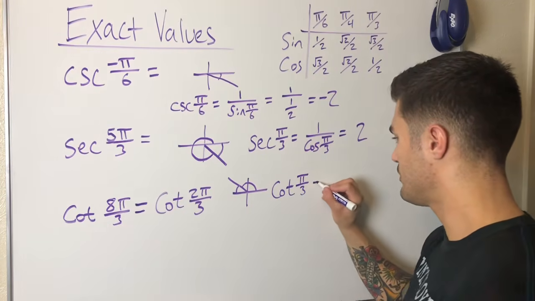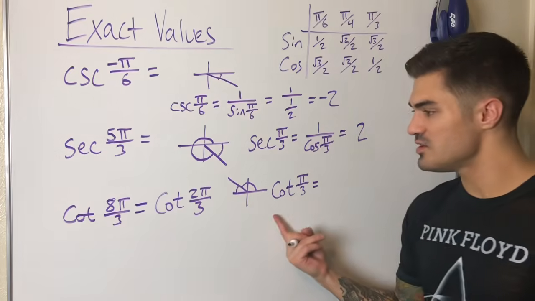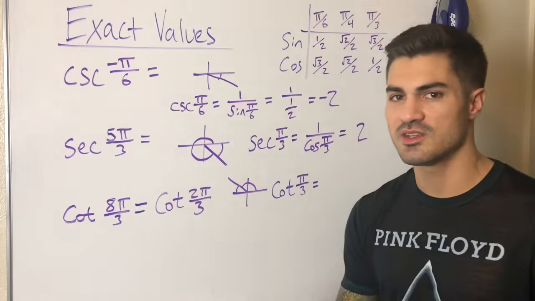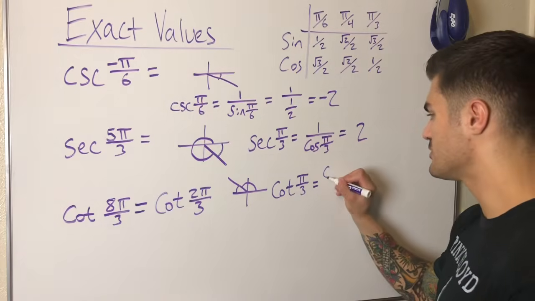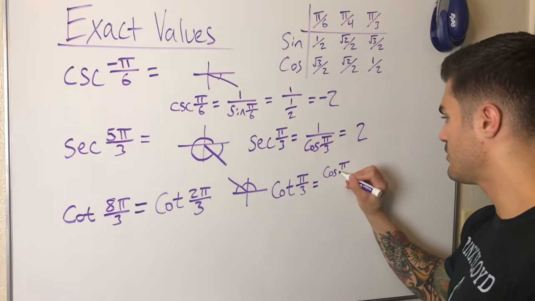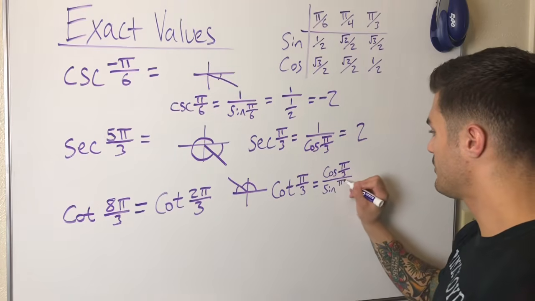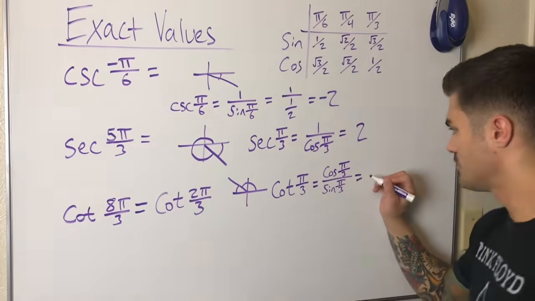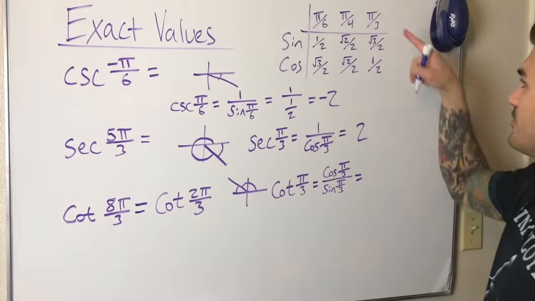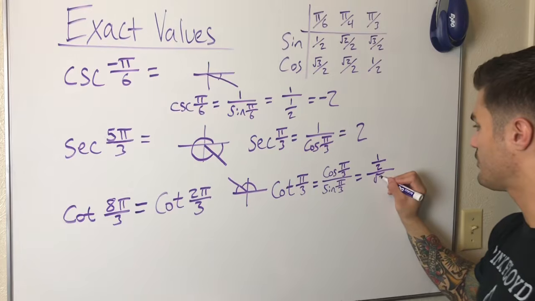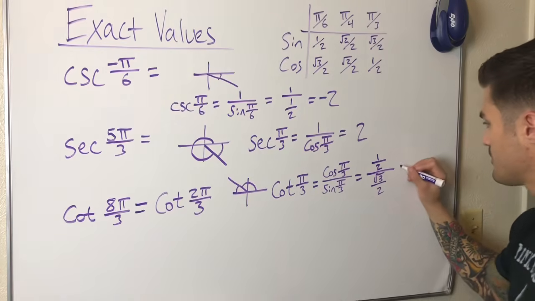Cotangent pi over 3. And again, cotangent is the reciprocal of tangent. Tangent is sine over cosine, so cotangent is cosine over sine. So I have cosine of pi over 3 over sine of pi over 3. Let's look at my table. Pi over 3, that's 1/2 over root 3 over 2.